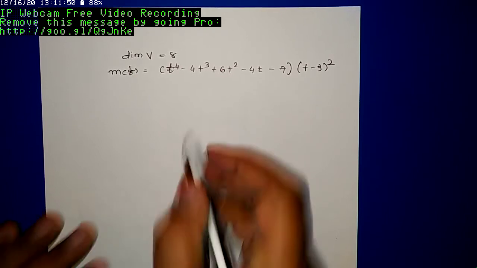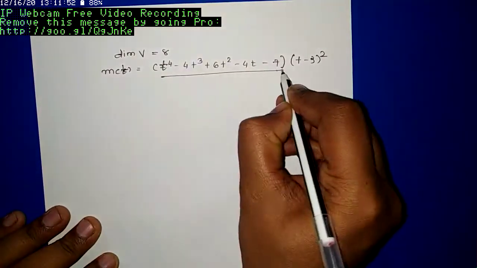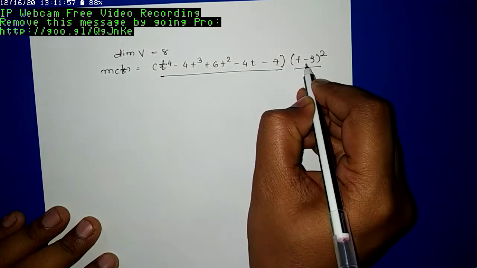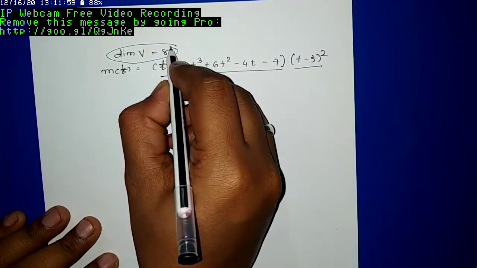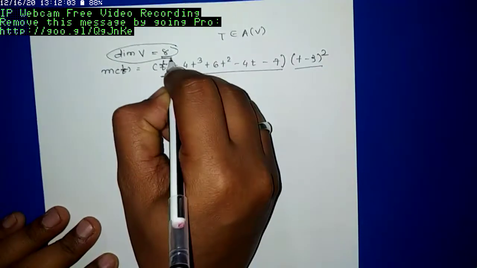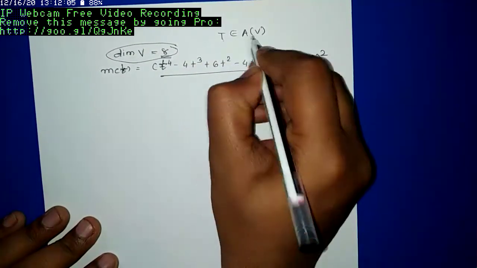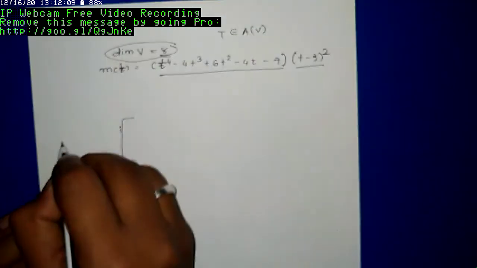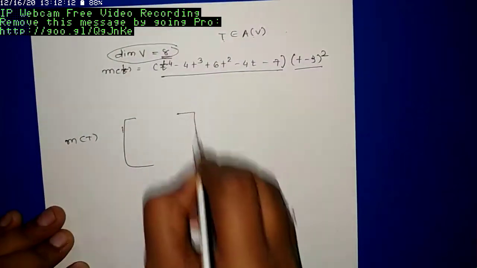Okay, here there are two factors in the minimal polynomial, the first is this and the second is this, but here the dimension is given and T belongs to A(V). The dimension of the vector space is 8 and T is from V to V. That means the matrix of T must be of size 8 cross 8.